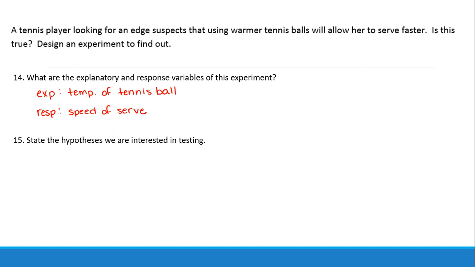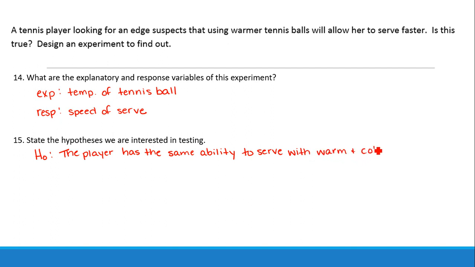State the hypotheses we are interested in testing. So our H0 is the player has the same ability to serve with warm and cold tennis balls.